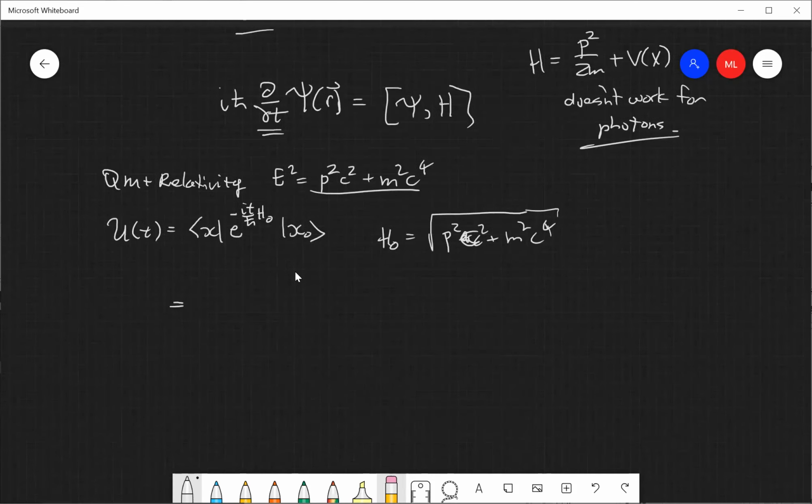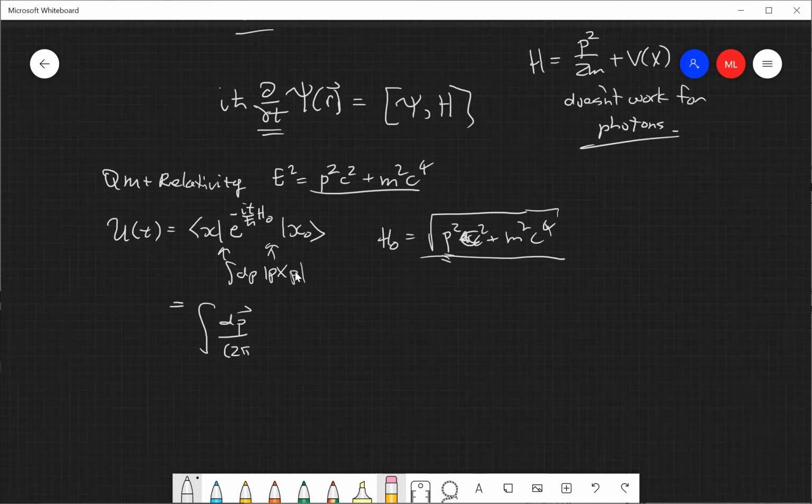And what would you find? Well, this is in the momentum basis because you have the p here, so you have to introduce a completeness relation over momenta. You could then write this as an integral over momentum space, d cubed p over 2 pi cubed.